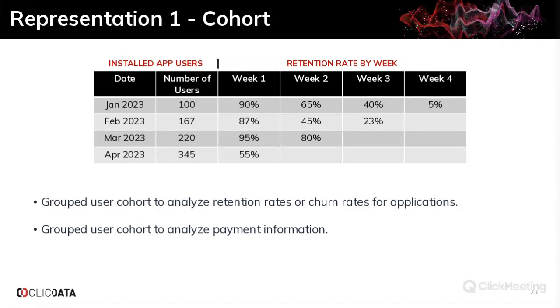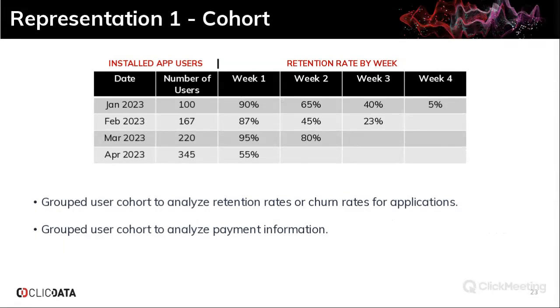A mobile app developer would be interested to see how many users installed our app in a specific month and what happened with that subset of users. Out of the 100 users that installed in Jan 2023, how many did I retain the first week? What was my retention rate the second week, third week, and so on? So in this case, we want to analyze the retention information in a cohort fashion.